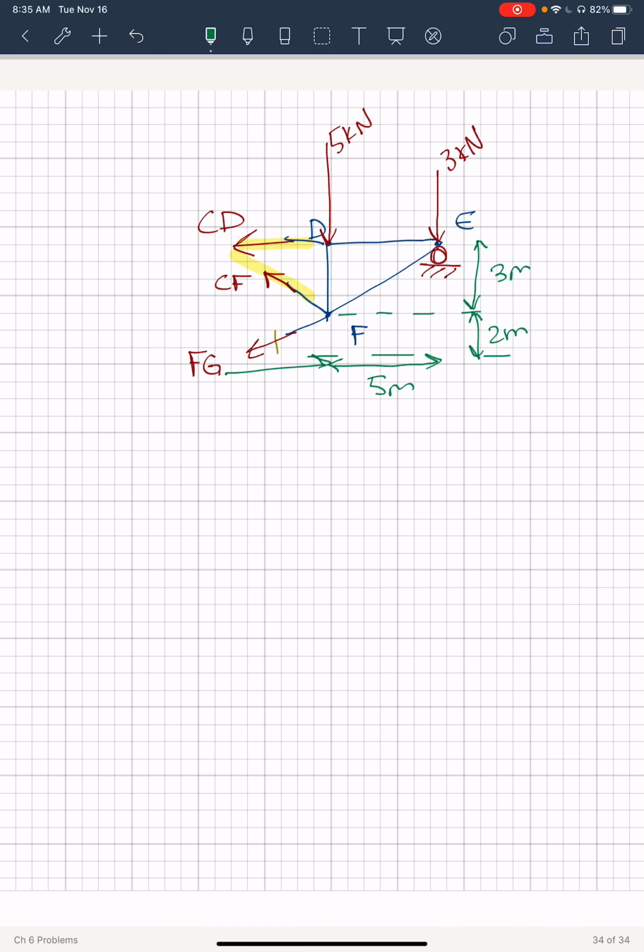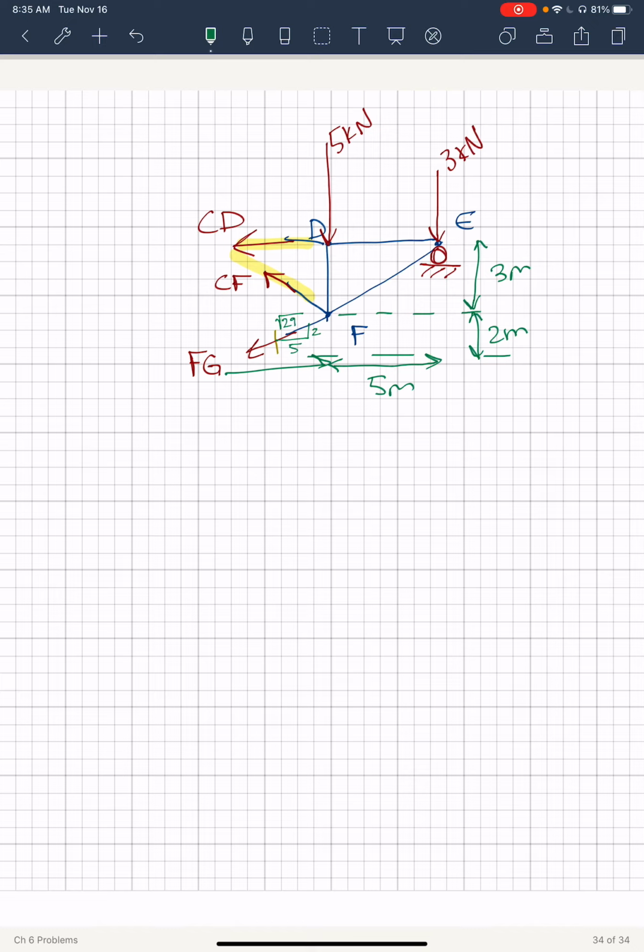For FG, it's going down 2 and over 5 meters. So I'm just going to make a common triangle here. Down 2, over 5 meters, and then this will just be the square root of 5 squared plus 2 squared. That'd be 25 plus 4, so square root of 29.